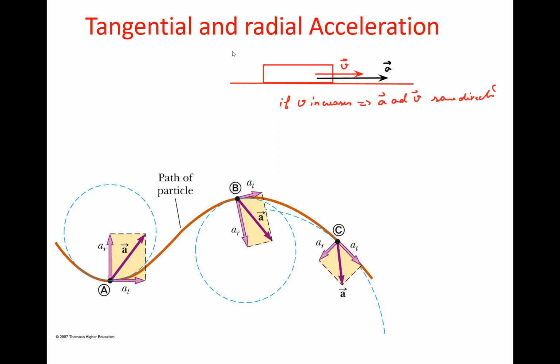In the linear motion, we talk about ax and ay. We can put here ax and ay. And we said that a equals ax plus ay, and the magnitude of a equals radical ax square plus ay square.